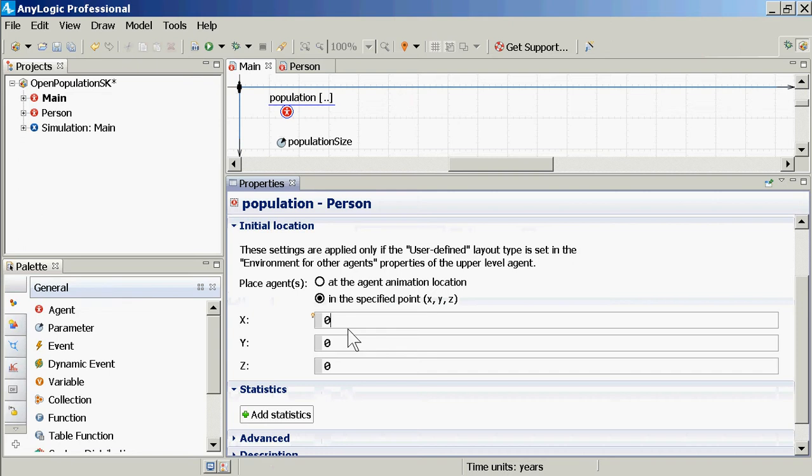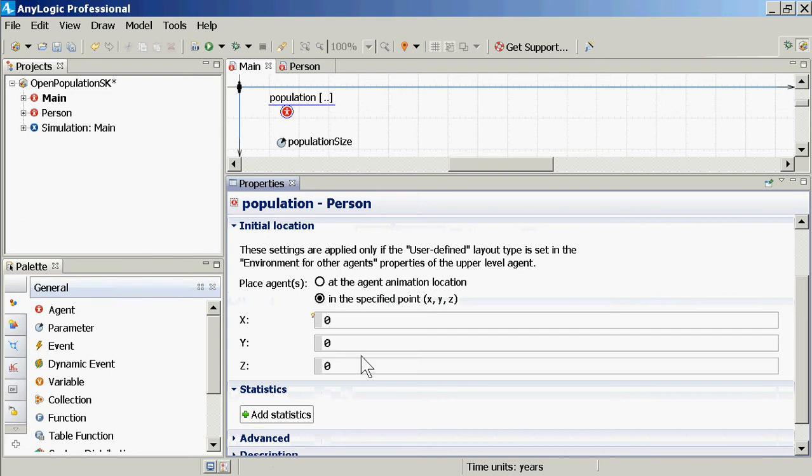Suppose you wanted people with a higher income to appear visually at a different place in the population. Or suppose you wanted people from a certain level of education to appear differently, or with different age. You could set this in the X, Y, Z locations here, okay? So, this is the X, Y, Z locations associated with the population here.